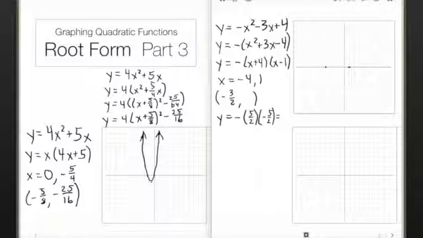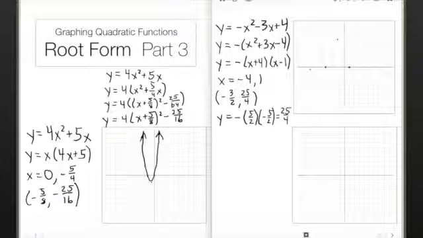So here we have 25/4 with two negatives. Negative times negative will be positive, so +25/4 is the y-coordinate of the vertex. So the vertex is -3/2, +25/4, which is just above 6, so right about there.